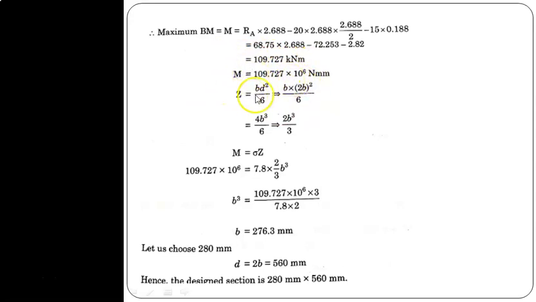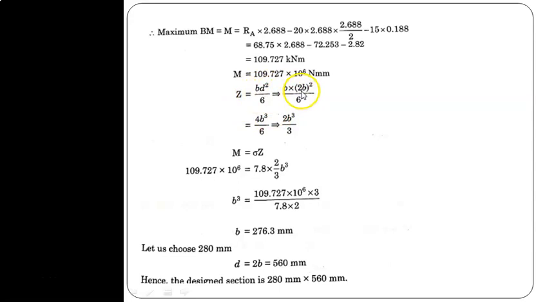Now at this section, what is the maximum bending stress? It is given directly, from which our aim is to find the size of the section. We know that Z is equal to BD squared by 6.